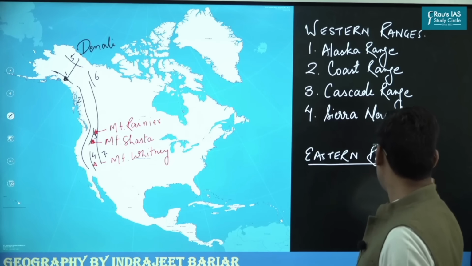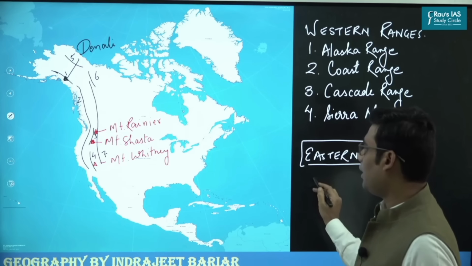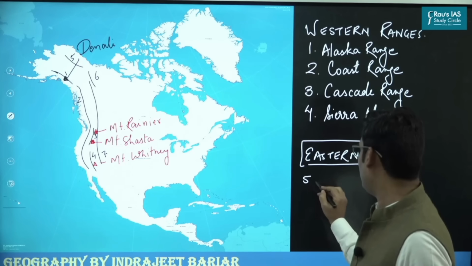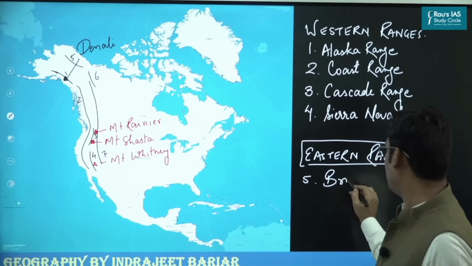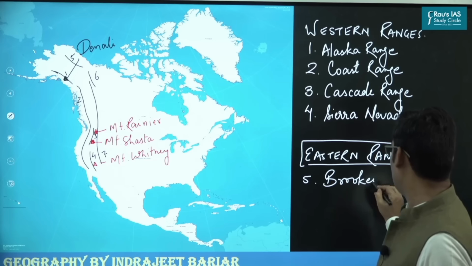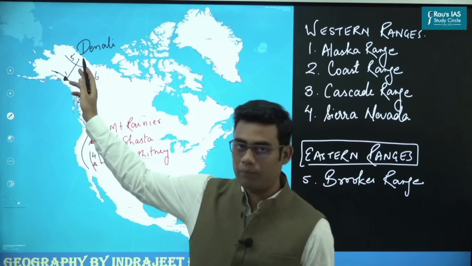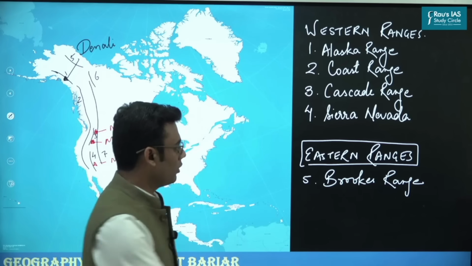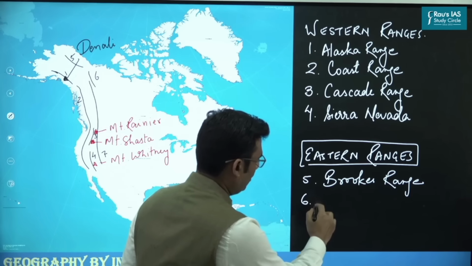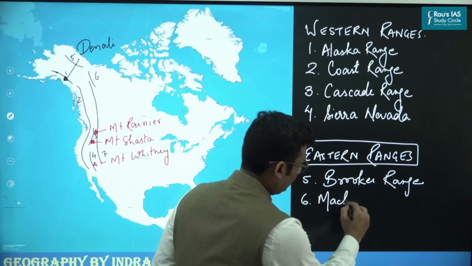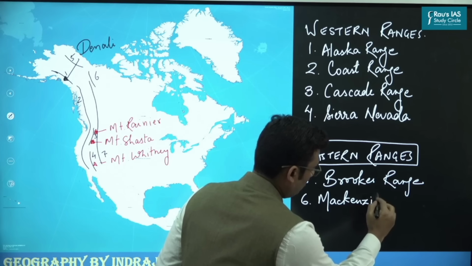For Eastern ranges, I have the 5th one called Brooks Range. The 6th one called Mackenzie Mountains.